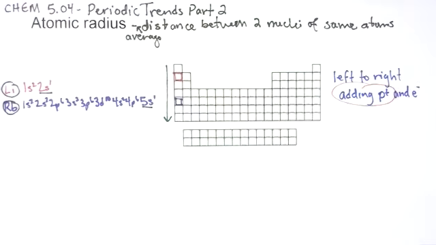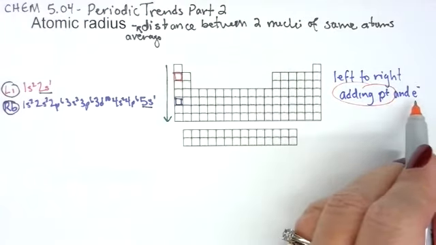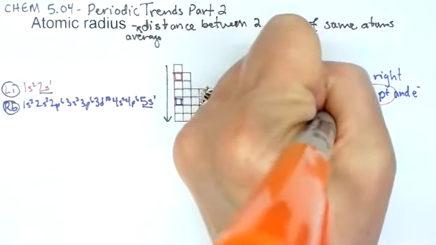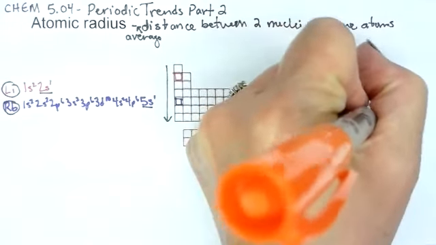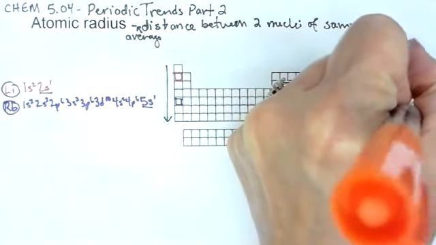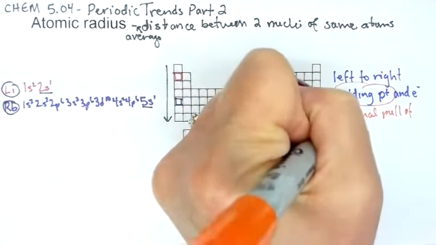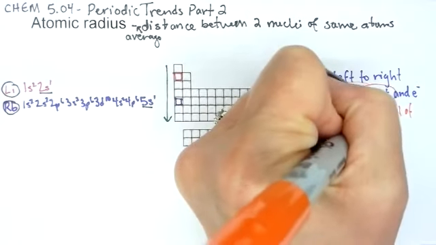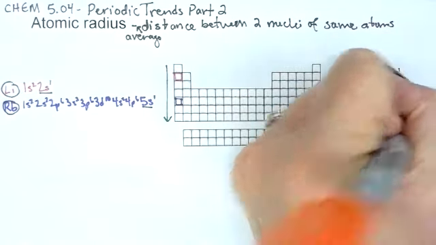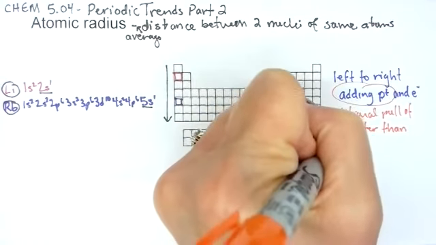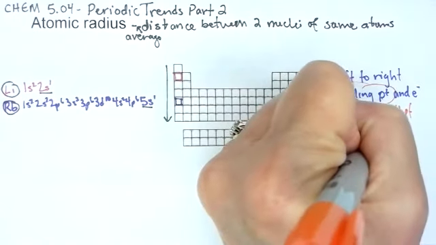That has a bigger impact because these protons have a positive pull on the electrons. So the additional pull of the protons is greater than any distance that's created by the electrons.